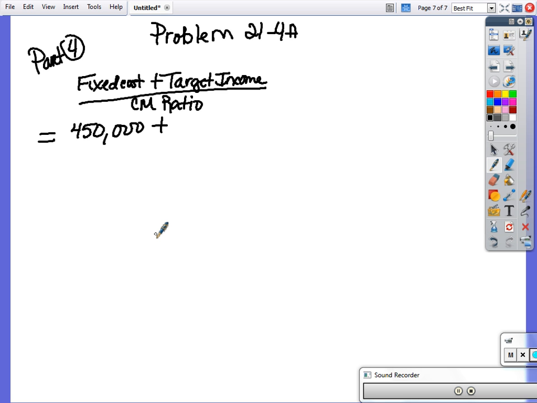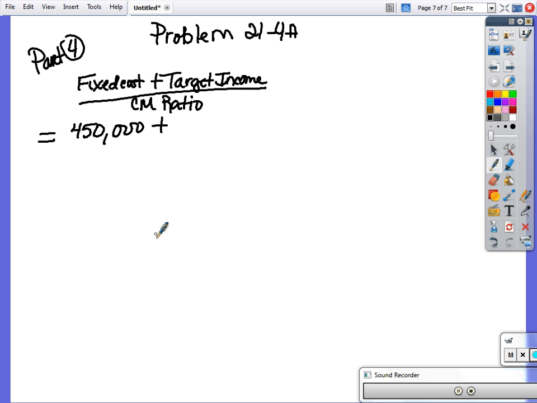What was the target income? Right, we're gonna find out the new target income because they say assume that the income tax rate is 30%.